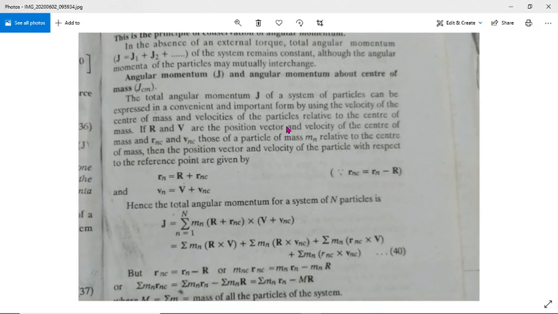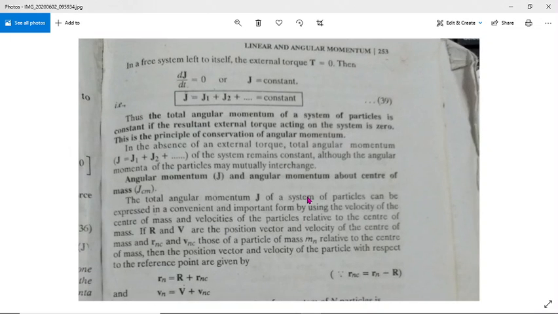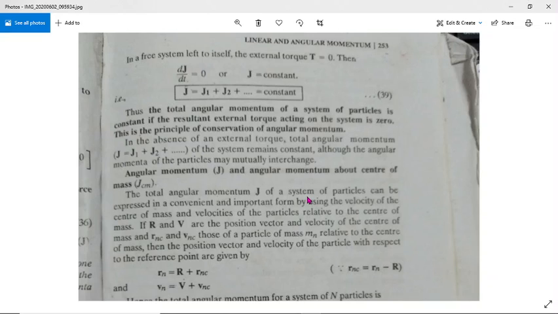In a free system left to itself, the external torque is 0. If the external torque is 0, then dJ by dt equal to 0. That means J is constant, angular momentum is constant. Or if the angular momentum J is constant, then dJ by dt equal to 0, torque is 0.